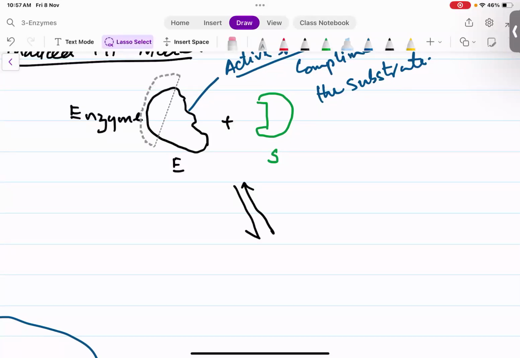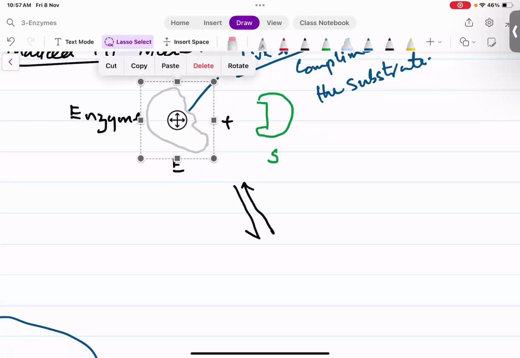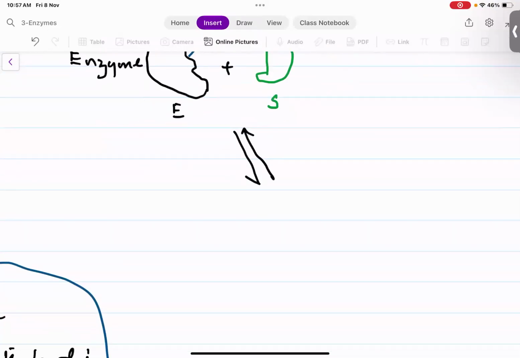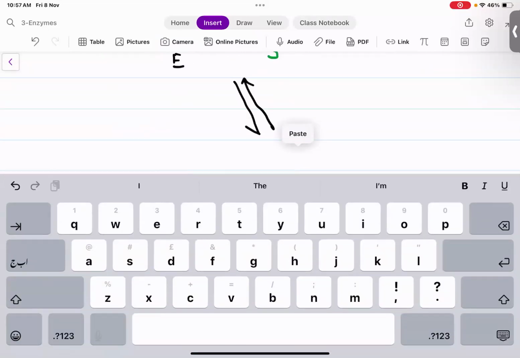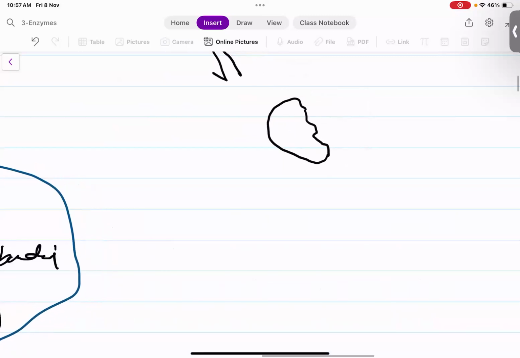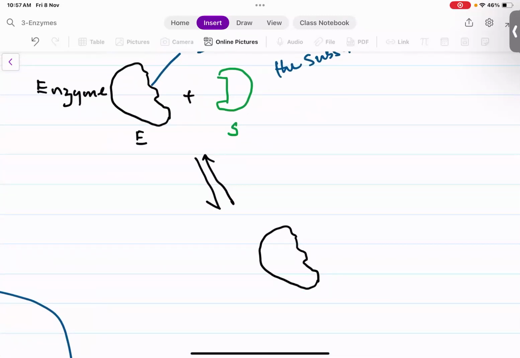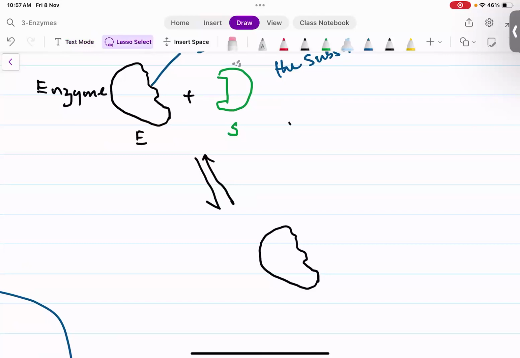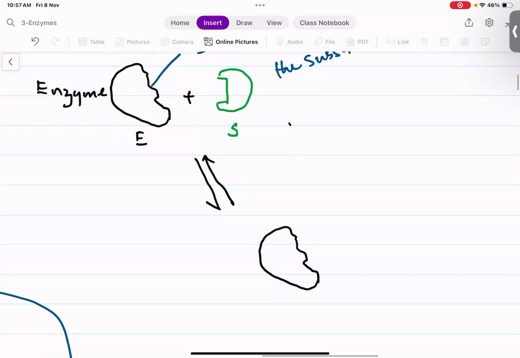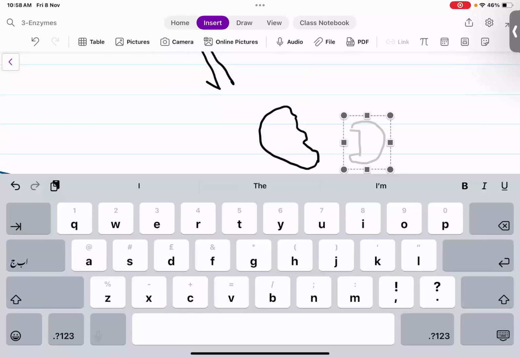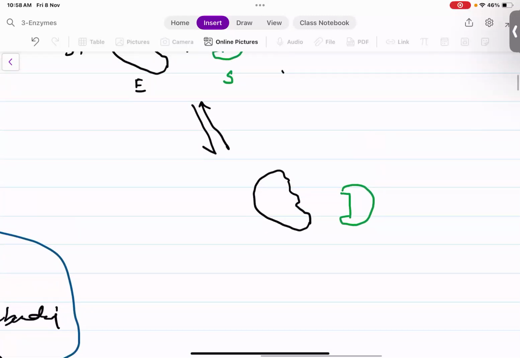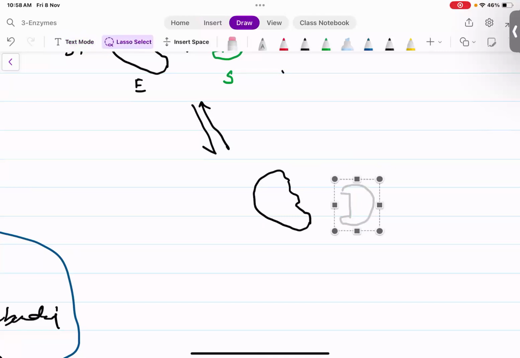Let me just copy it. So this binds with it.